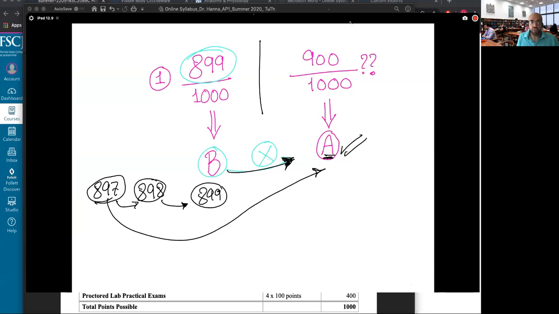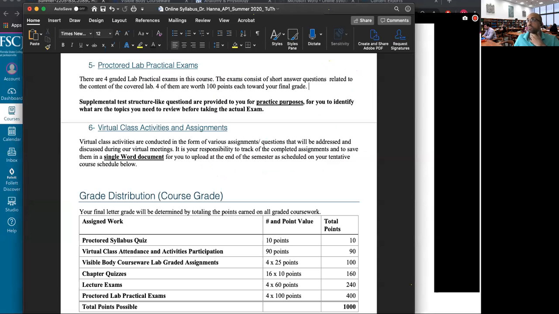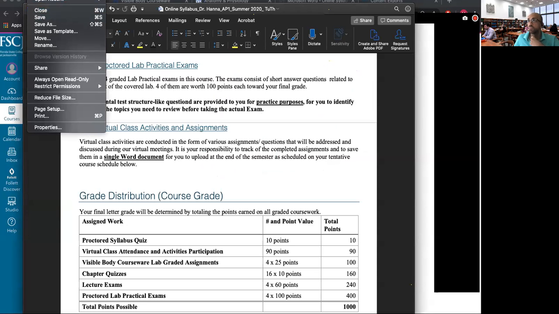So this was our very first question. This is a topic I wanted to address on the very first meeting that we have together. Now, for this first question in our virtual meeting assignments, how can I write down this information? You need to open a new Word document. So file, new document.